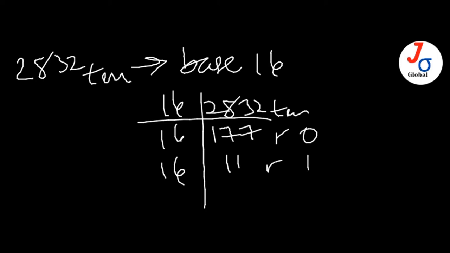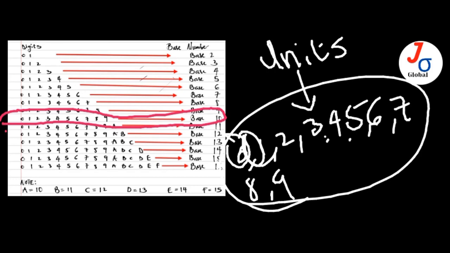And divided by 16 again. Of course, 11 divided by 16 is practically impossible, so I'm going to do 0. Then I'm going to bring this 11, remainder 11. Now, because it's in base 16, I want to look at this.